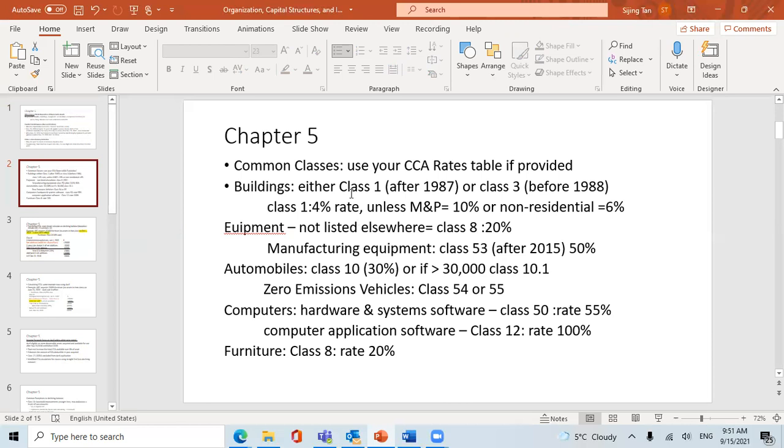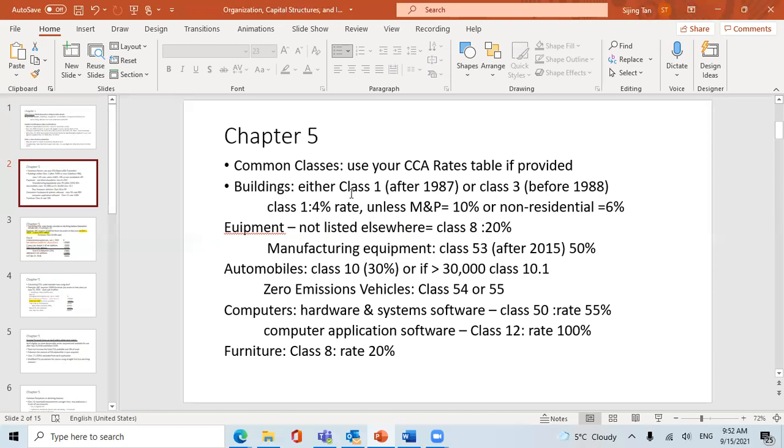We have a CCA rates for selected assets appendix on page 233. So you can take a look at that. They give you a very detailed explanation for each asset, which class it goes to, and what the rate is.